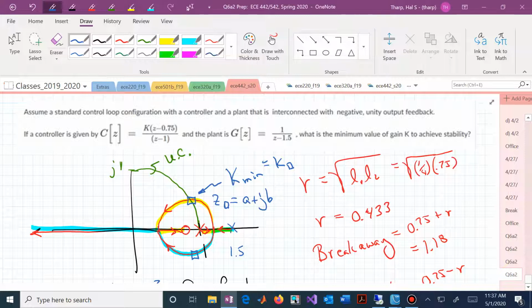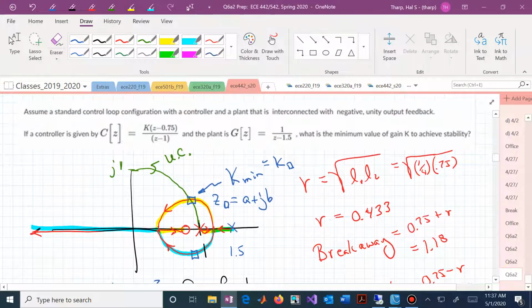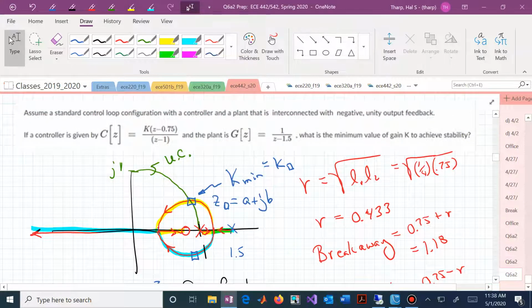The second length, L2, is the distance from the circle's center, which is 0.75, out to the second pole at 1.5, for a distance of 0.75. We form the product of L1 and L2 and take the square root. That's now the geometric mean. That says that our radius is 0.433. We didn't need all of this to answer this question, but I'm giving it to you because you might be asked that on the second attempt.